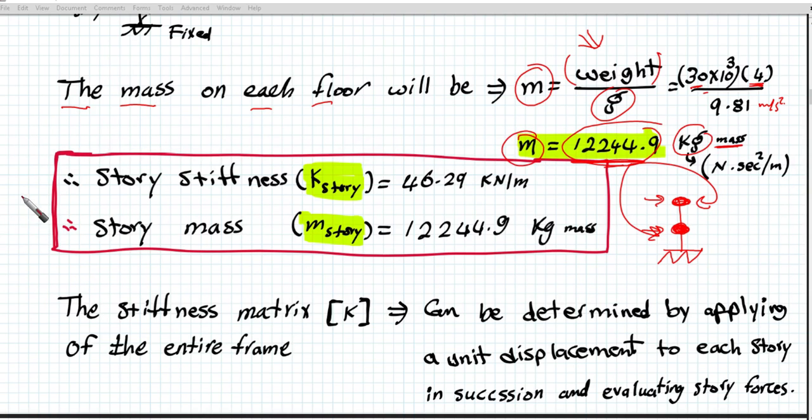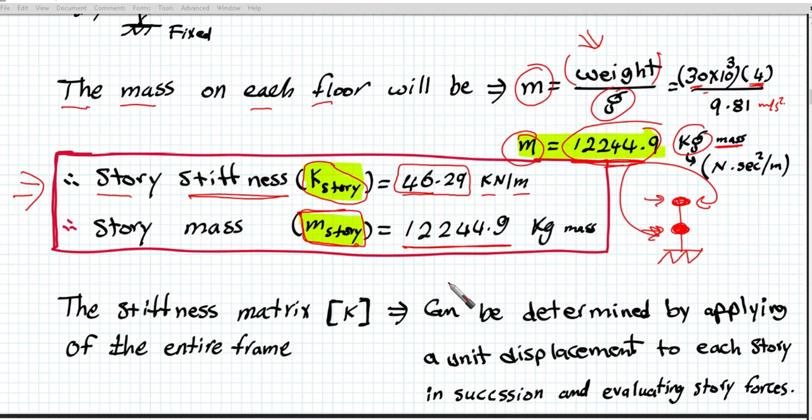So now the end of the first step in our solution is related to the items that we're going to use in the stiffness matrix and mass matrix. The story stiffness, K story, is going to be 46.29 kilonewton per meter, and the mass per story is going to be 12,244.9 kilogram mass.